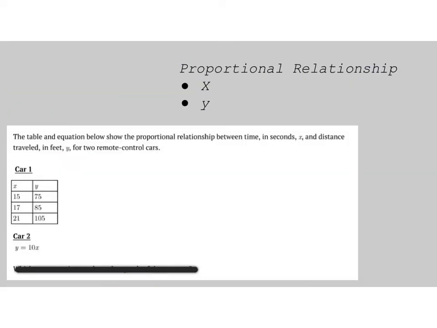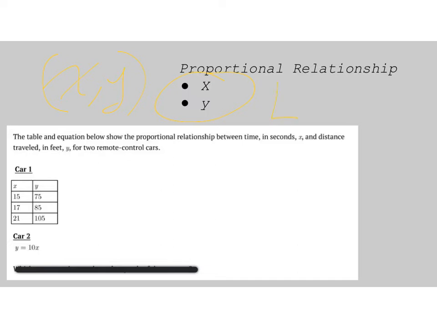All right, let's take a look at this proportional relationship. Take a look at x comma y. It's coordinates, it's already set here.